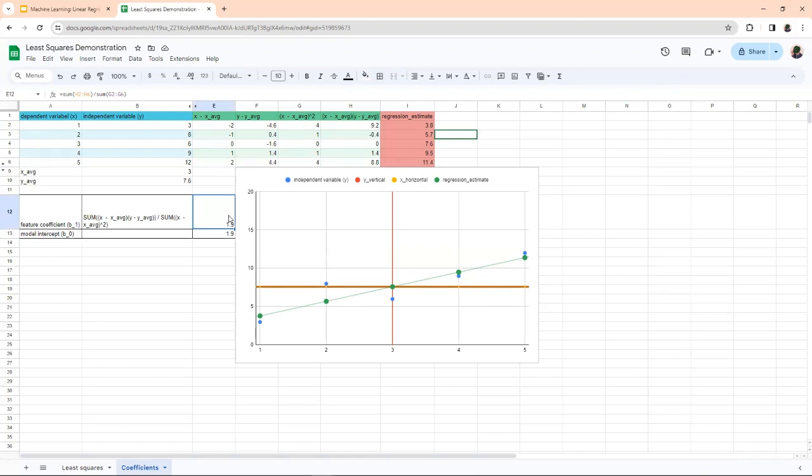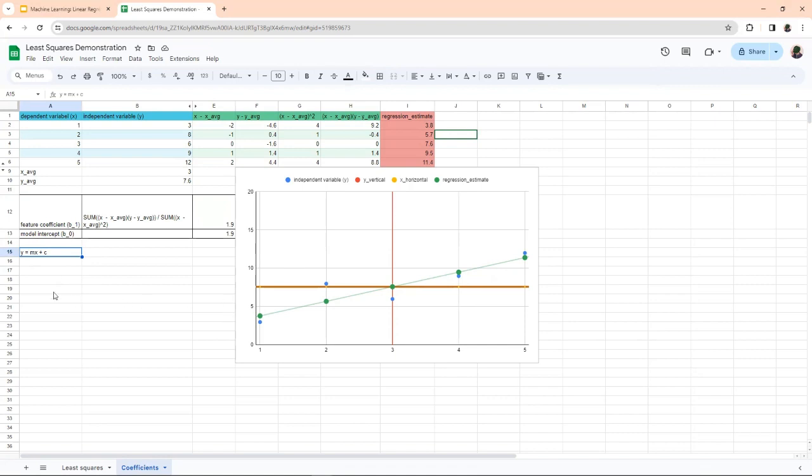Now that we've calculated our b coefficient, how do we get the y-intercept? Remember from high school mathematics, we say y equals mx plus c. In this scenario, we're trying to find c, and we have m, which is our gradient, and which is 1.9.